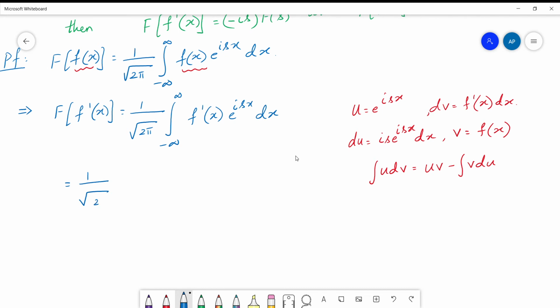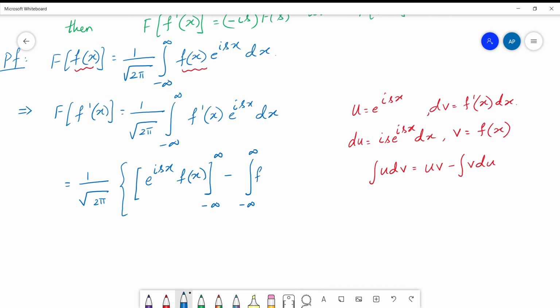1 by root 2 pi. Let me open the flower bracket first and write the first term, which is u into v, that is e power isx into f of x, and the limits here vary from minus infinity to plus infinity, minus integral minus infinity to plus infinity v into du.